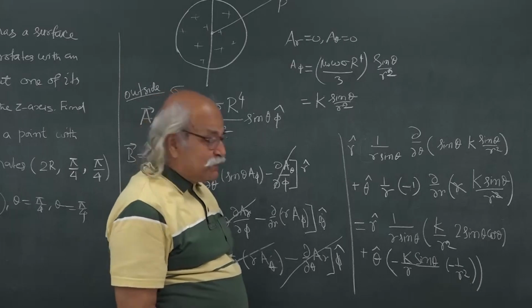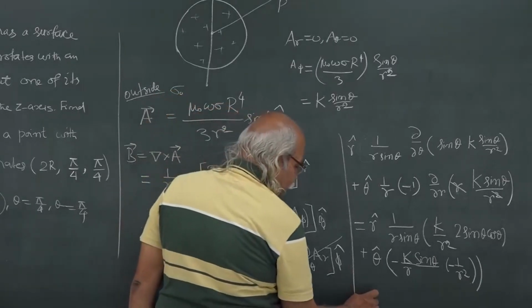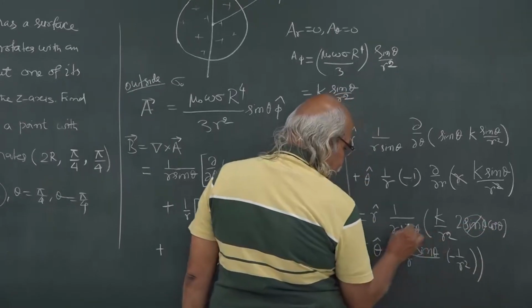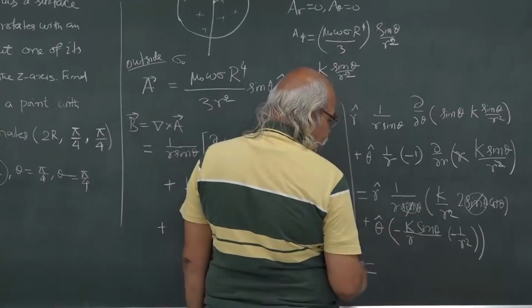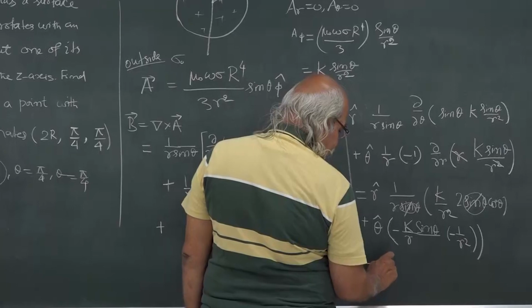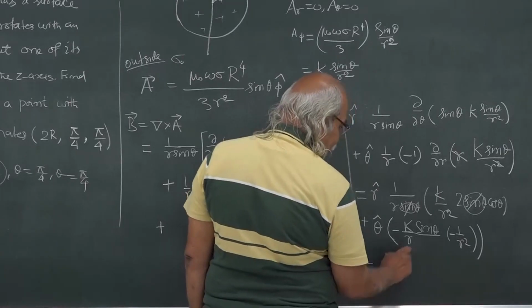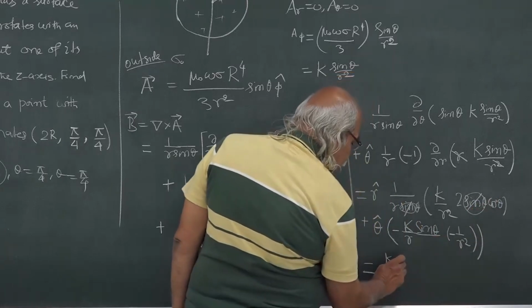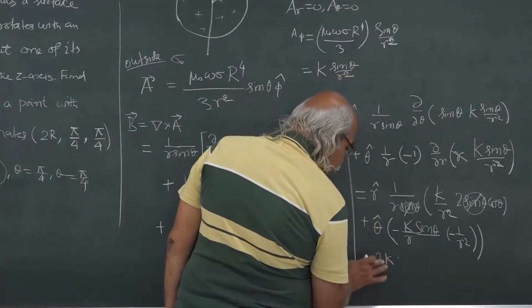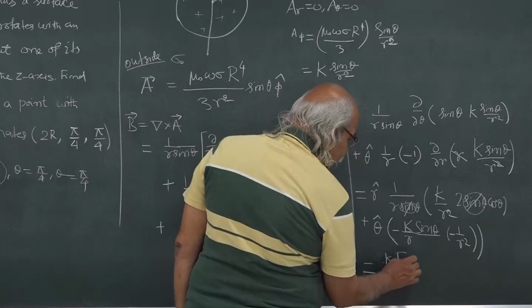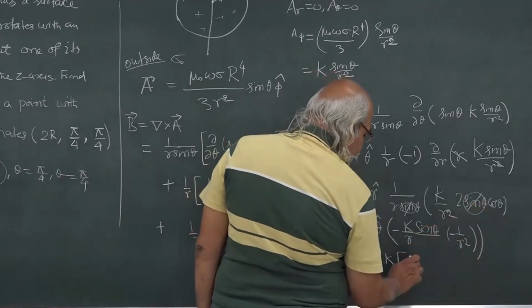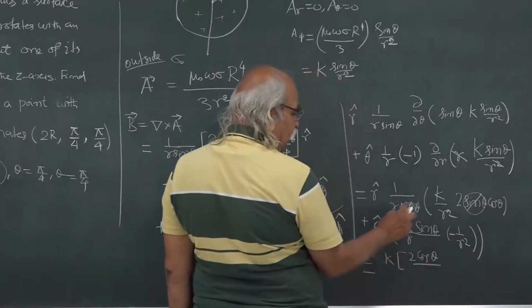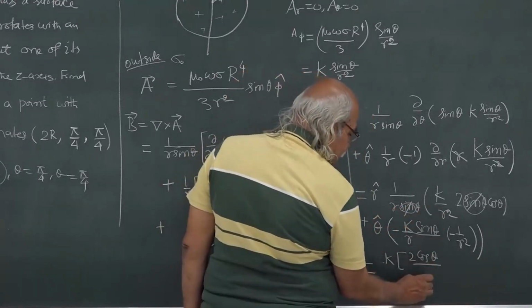Now algebraic simplification. This sin theta cancels with this sin theta, and k is there, and then we have 2 cos theta. Let me take this k common, 2 cos theta, and then divided by r here, r square here, so it is r cube.